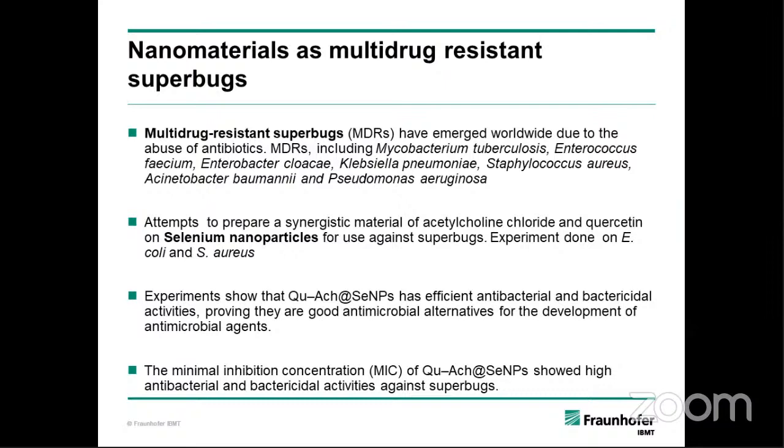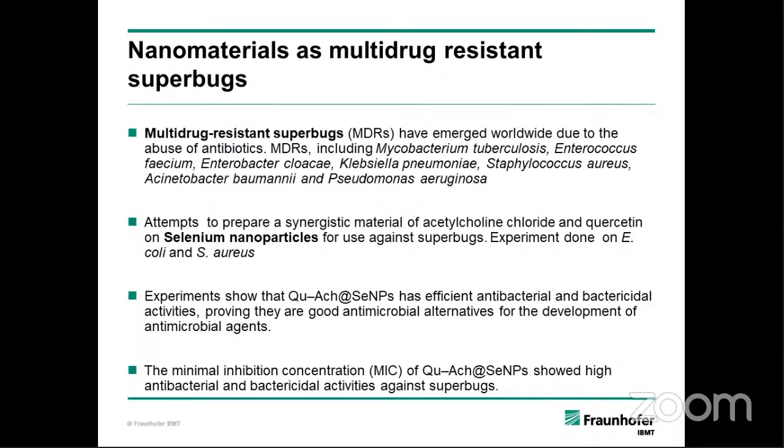multi-resistant superbugs. So there is a study I want to share with you, where they used a combination of two drugs and selenium nanoparticles against these pathogens, and the results were quite effective.